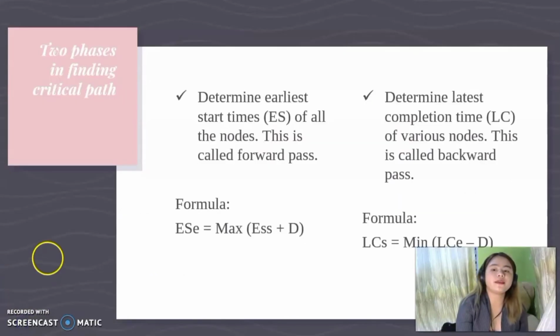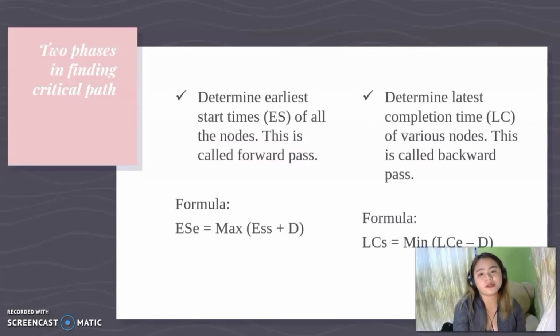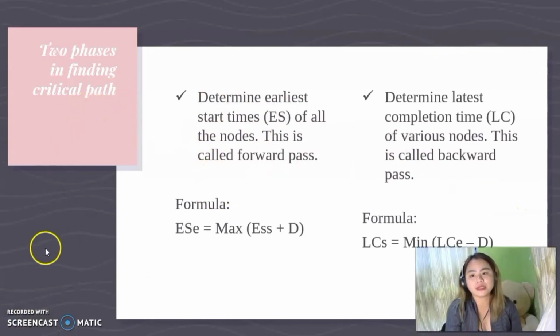There are two phases in finding the critical path. First is to determine the earliest start time of all the nodes. This is called the forward pass. And second is to determine the latest completion time of the various nodes. This is called the backward pass. We need to find these two things in order to find the critical path.